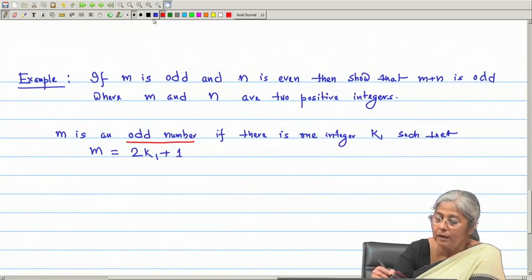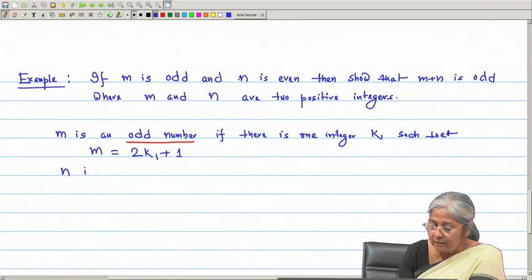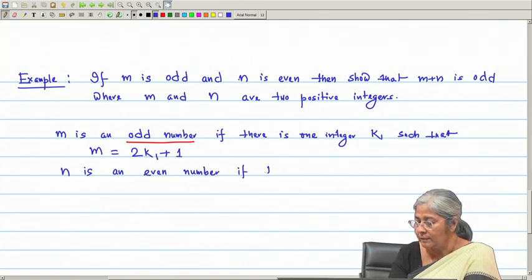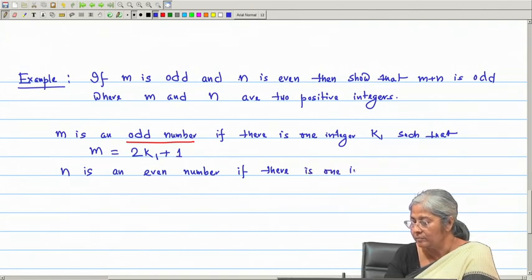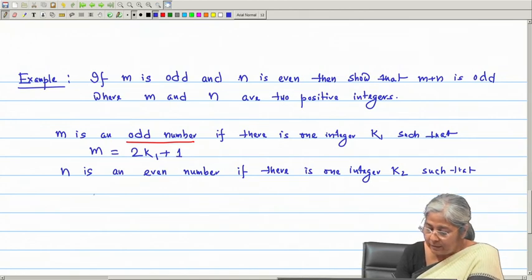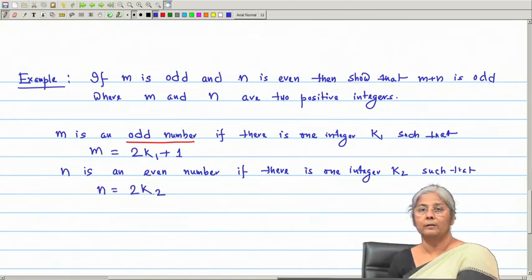Similarly, I can define an even number. So, N is an even number if there is one integer, say k2, such that N equals 2k2.